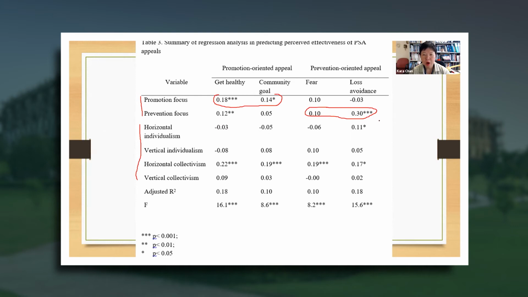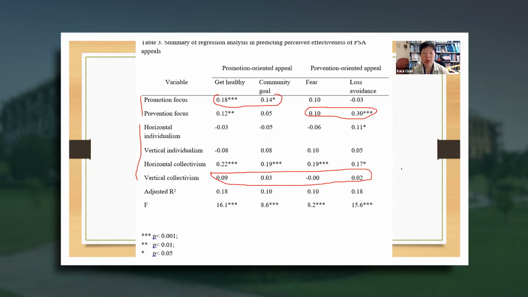We find that only the loss avoidance appeal was supported, and this is contradictory to what we predicted. So this hypothesis was rejected. And then vertical collectivism was not related with any of the appeals. So as a result, the fourth hypothesis was not supported.